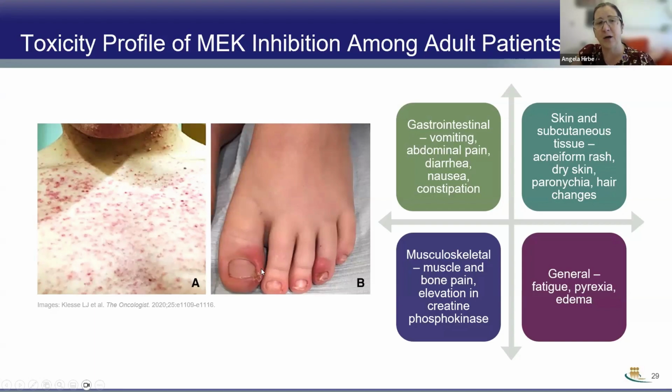Paronychia is pictured here. This patient did not experience this, but this is a fairly common thing that you can see in children. So again, we think about the skin issues that one can have, the GI issues, assessing for musculoskeletal issues because of that elevated CK, and then the general symptoms of fatigue and edema that can happen.